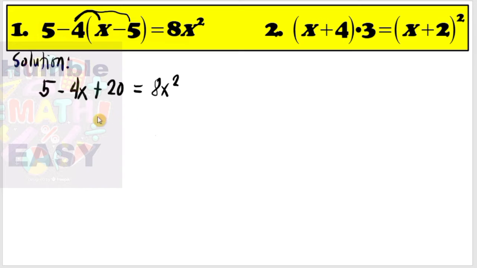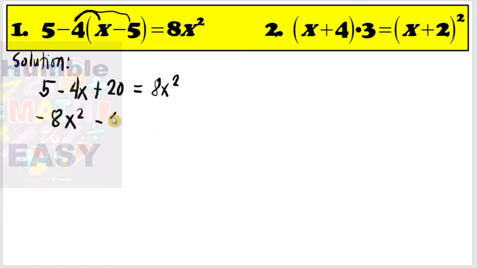After which, we transpose this 8x squared to the left hand side of the equation. It became negative 8x squared, because it is positive 8x squared on the right hand side.